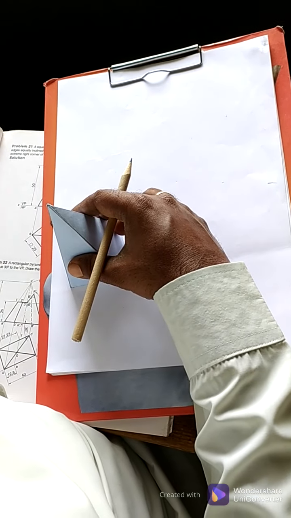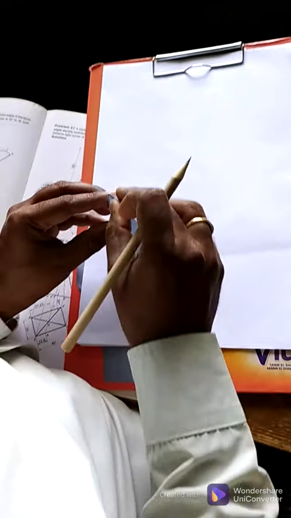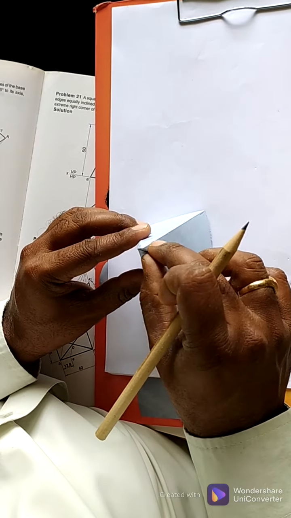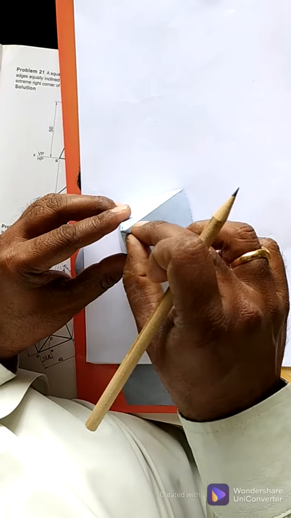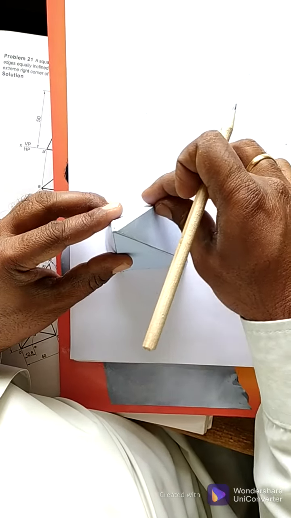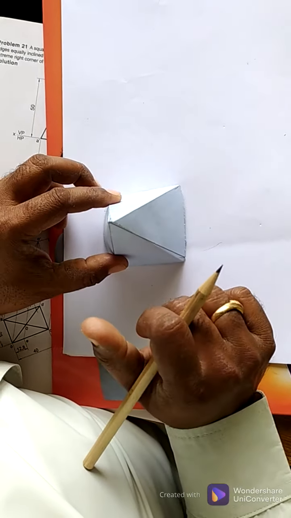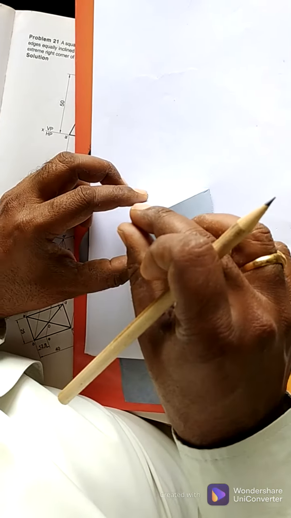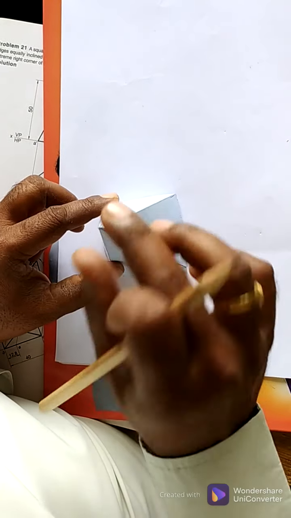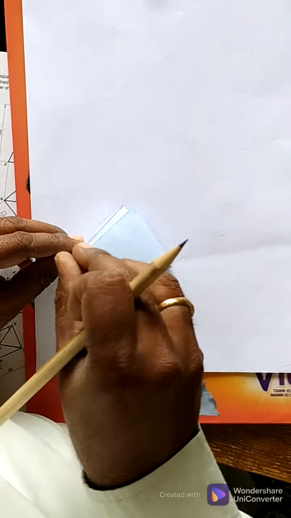This edge is also inclined to HP, and is also inclined to VP. All the edges are inclined to both HP and VP. In this situation, we will not get the true length of any side.